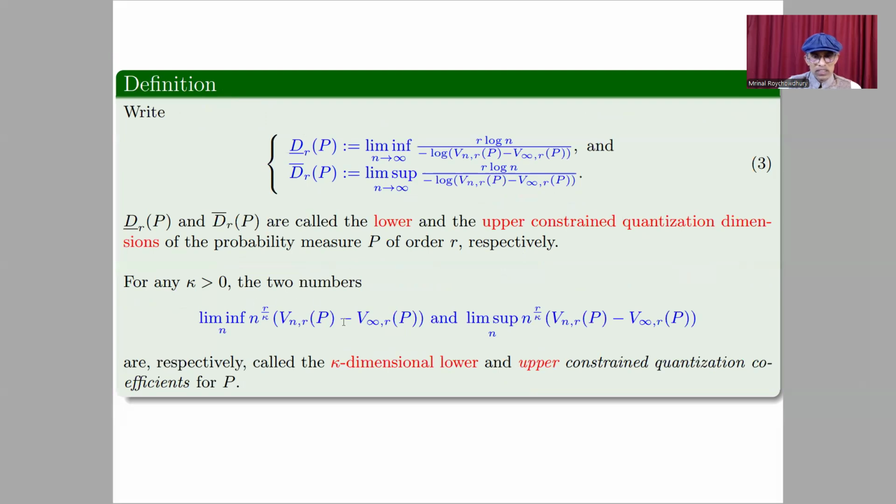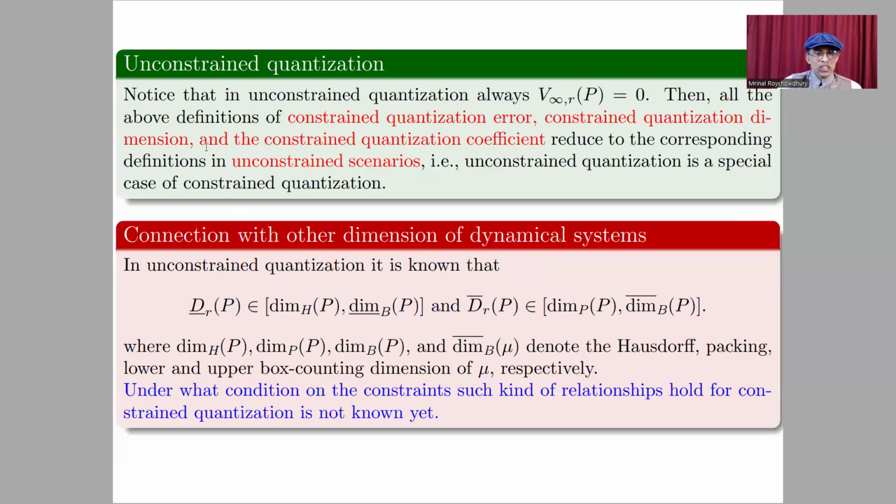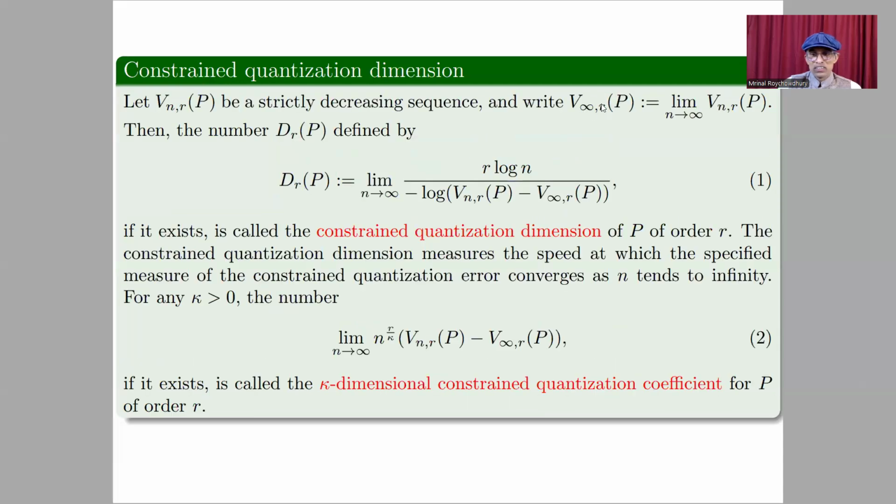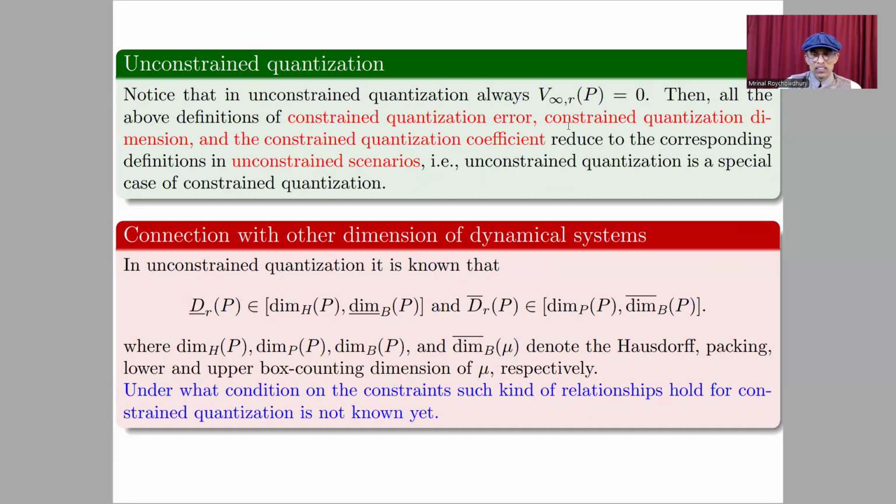For any kappa, the two numbers, this and this, are respectively called the kappa-dimensional lower and upper constrained quantization coefficients for P. Notice that in unconstrained quantization, V_{infinity,r,P} is always equal to 0. So this number is always 0. Then all the above definitions of constrained quantization error, dimension, and coefficient reduce to the corresponding definitions in the unconstrained scenario. That is, unconstrained quantization is a special case of constrained quantization.